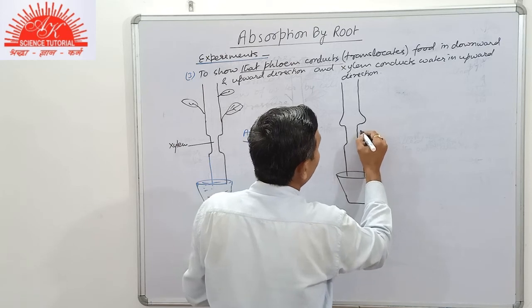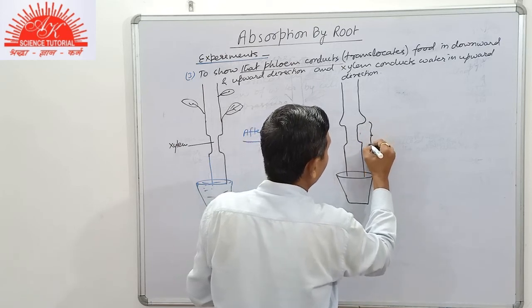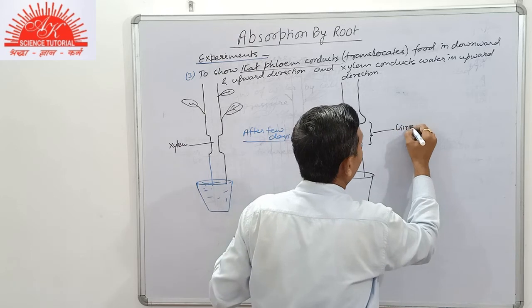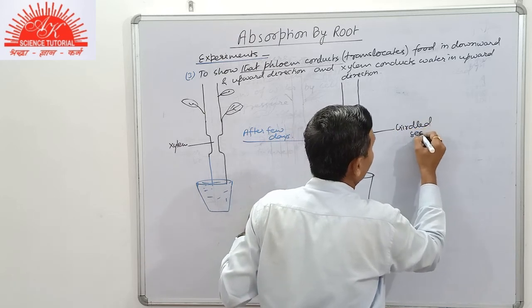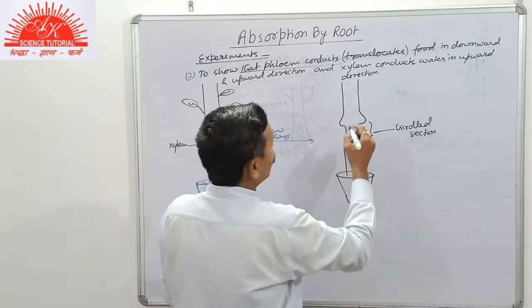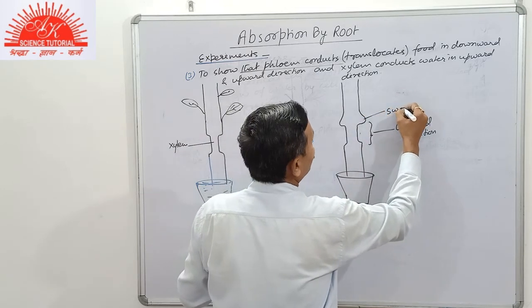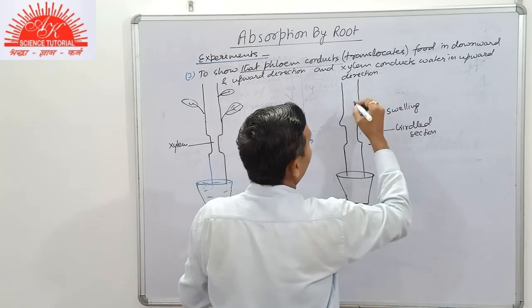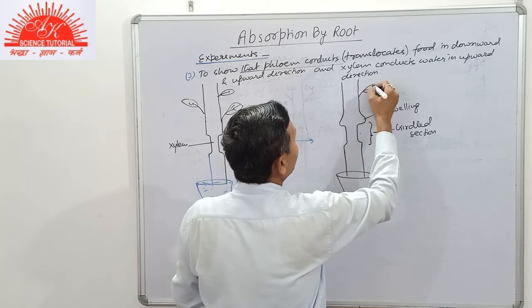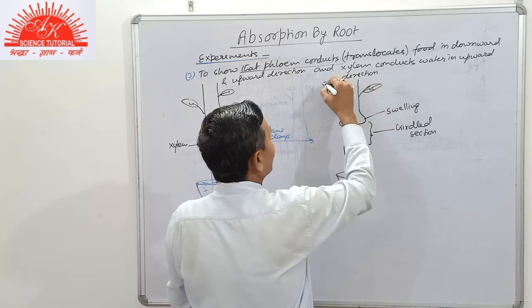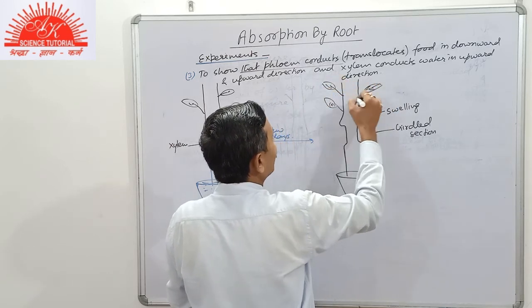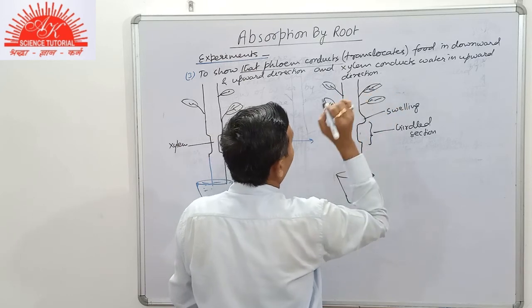Here this is the girdled section. So swelling develops and the leaves remain erect, turgid, that is, they will not wilt.